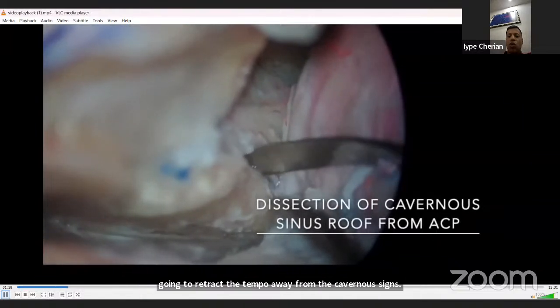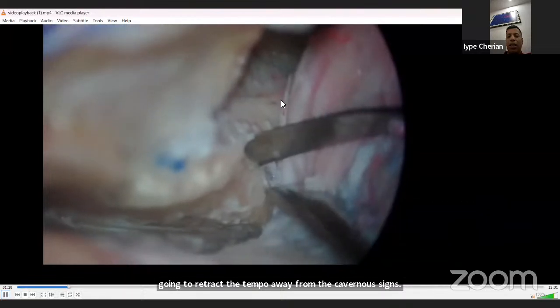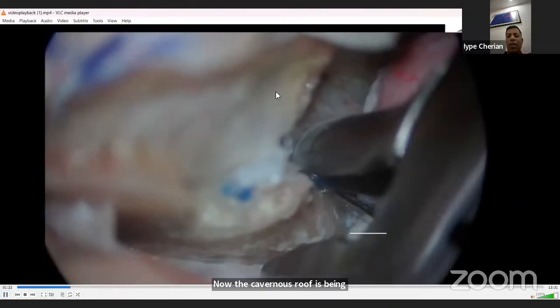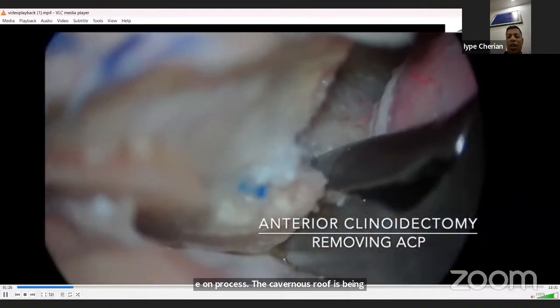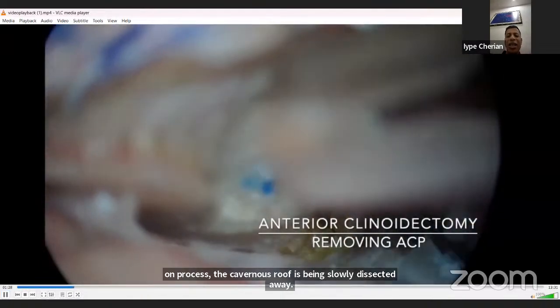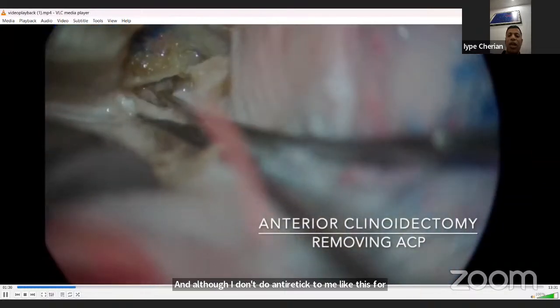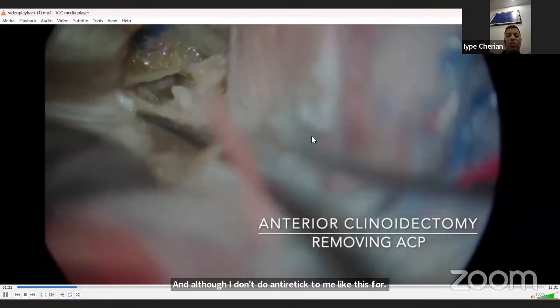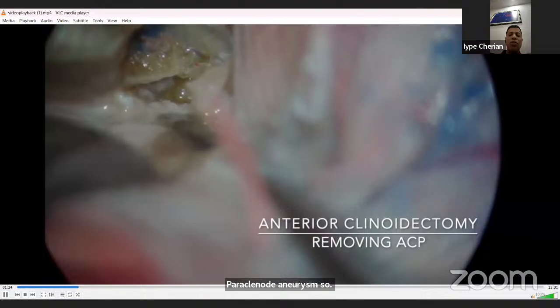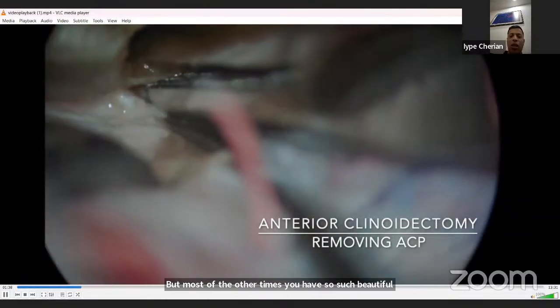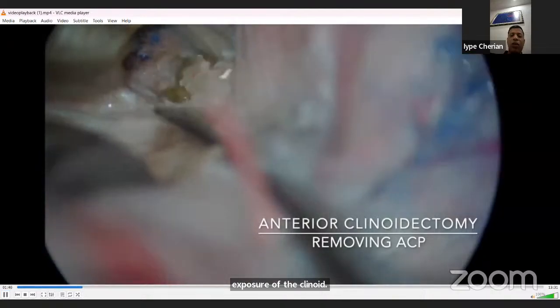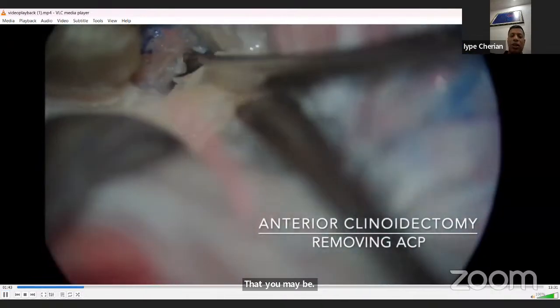Now the cavernous sinus roof, under the anterior clinoid process, is being slowly dissected away. Although I don't do anterior clinoidectomy like this for paraclinoid aneurysms or such, most of the other times you have such beautiful exposure of the clinoid that with a clinoid punch, you can easily take it out.